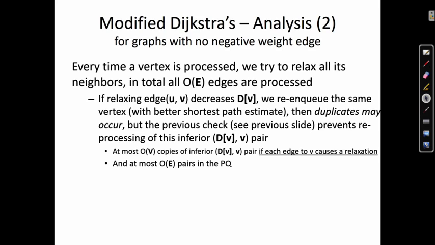So for every vertex, I can have at most big O of V copies. So in total, the number of items in my PQ is big O of V squared. What is the time for extract min? Log V squared, right? Log V squared is just 2 log V. So it's still log V. It doesn't change.